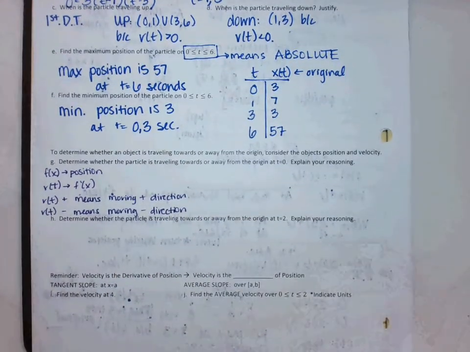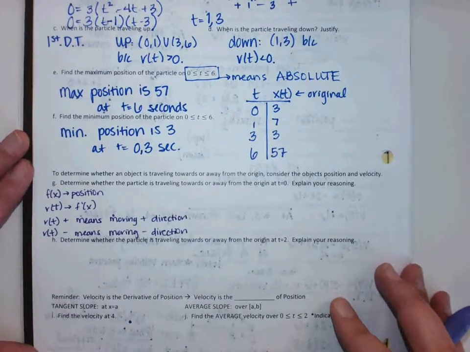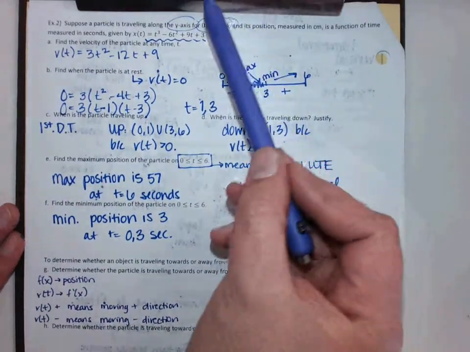Okay, so if your original function is position, the derivative of that is velocity. Velocity tells you if you're going left or right, or if you're on the y-axis, up or down. Okay? So just kind of quick recap on this problem. We have a particle. It is traveling along the y-axis because it tells us that at the beginning. Then we are looking at the interval from 0 to 6.